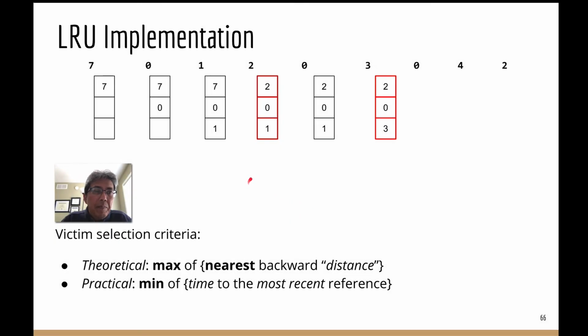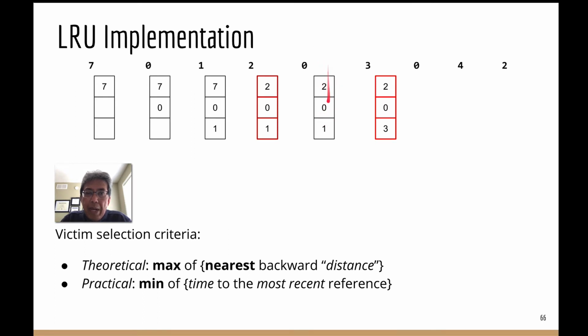So how do we implement LRU? Just to remind you, when we talk about LRU, the algorithm selects the victim page by looking at the backward distance among the resident pages and picking the one that has the highest backward distance. For instance, when we are handling the page fault for 3, the current resident pages are 2, 0, 1.